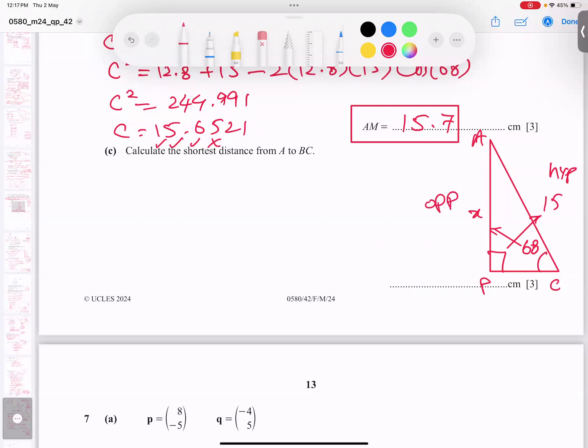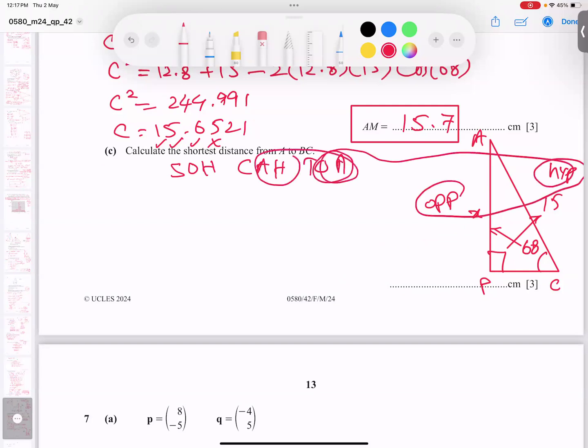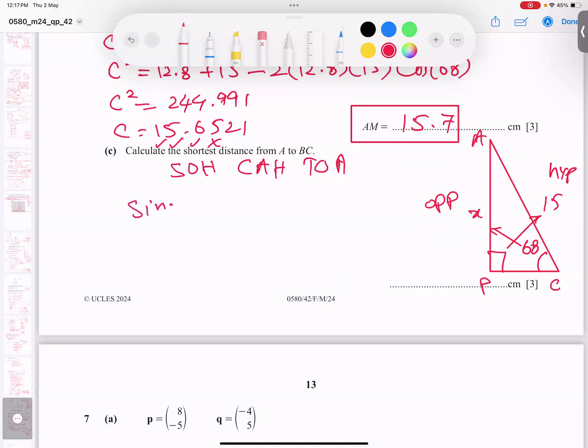Opposite by hypotenuse is where? Here, no. Here, no. Here, yes. So sine theta equals opposite by hypotenuse. Theta is 68 degree, opposite is x, hypotenuse 15. 15 multiply here.